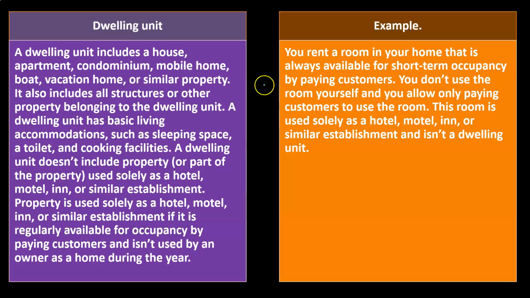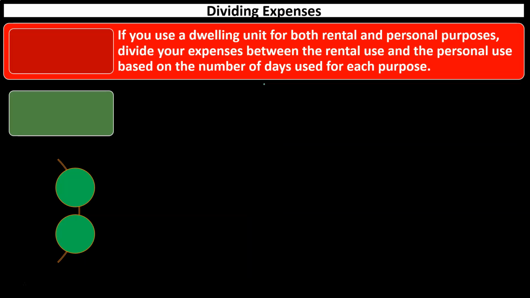So an example: you rent a room in your home that is always available for short-term occupancy by paying customers. You don't use the room yourself, and you allow only paying customers to use the room. This room is used solely as a hotel, motel, inn, or similar establishment, and isn't a dwelling unit because you're basically renting it as a kind of hotel or motel type of activity, and you're not using it personally, and therefore it's not a dwelling unit.